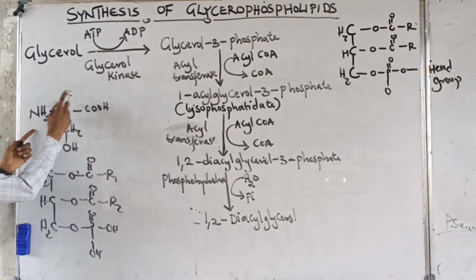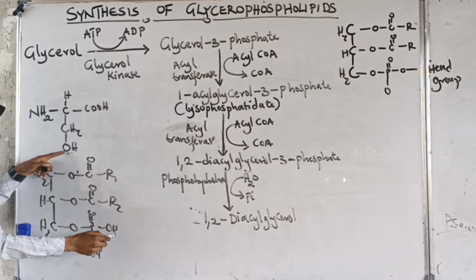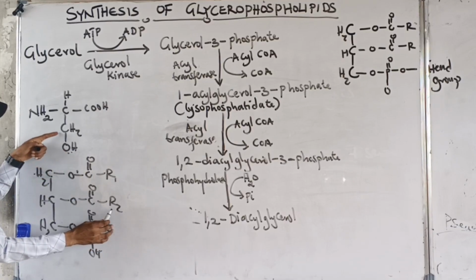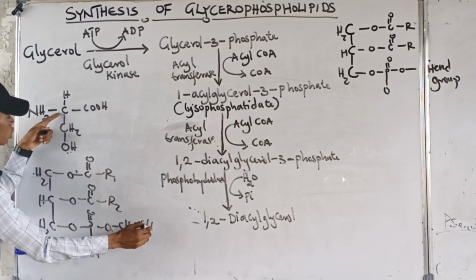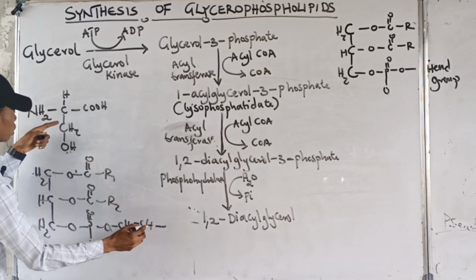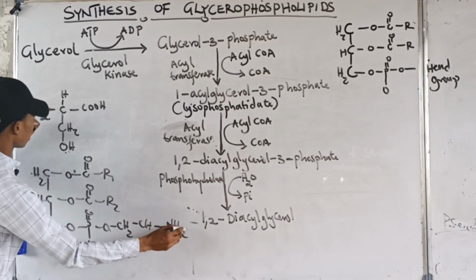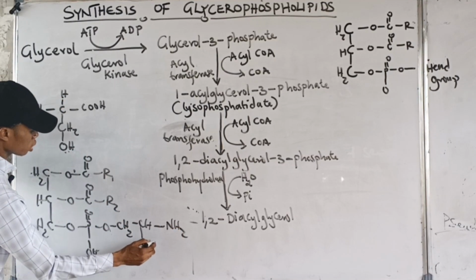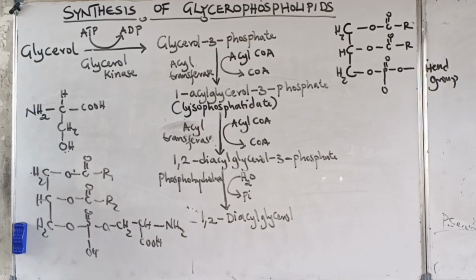If I want to attach serine, serine is attached at the OH group. So OH will take one H here to form water. So we are left with one hydrogen. Next here is CH2. Next here is CH. Next, this CH, now NH2 is attached to it, and COOH is still attached to it. This stuff we have on the board here, this is phosphatidylserine.